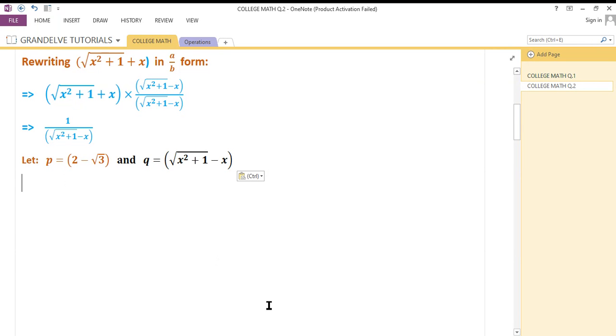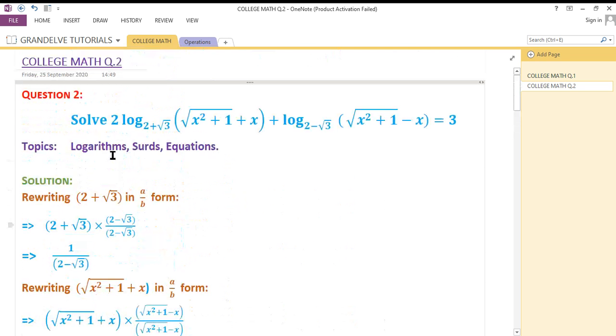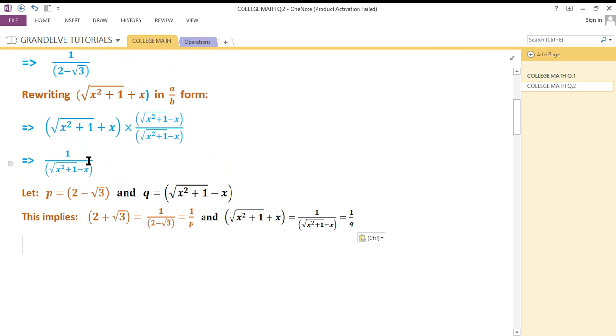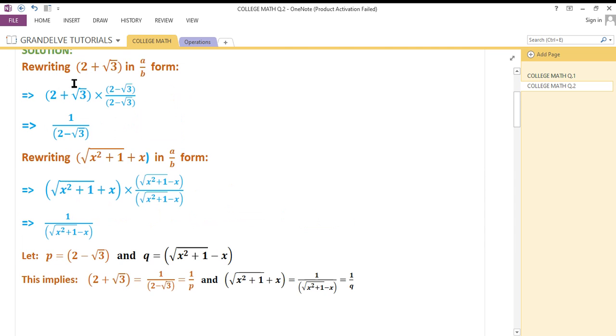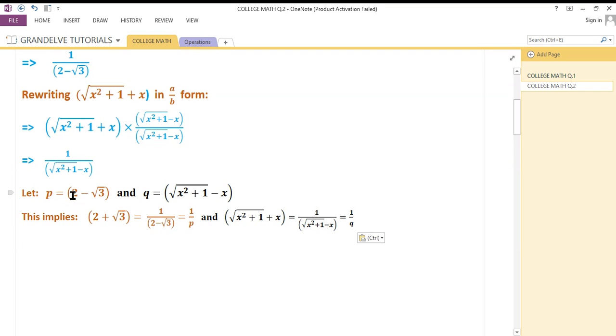If you do this representation, then you bear me out if we conclude on this conjecture that 2 plus square root of 3, which was in the first base of our log expression, is the same as 1 over 2 minus square root of 3, as we resulted here. This is the same as this. And since p is equal to the denominator here, it will be okay to write it as 1 over p.